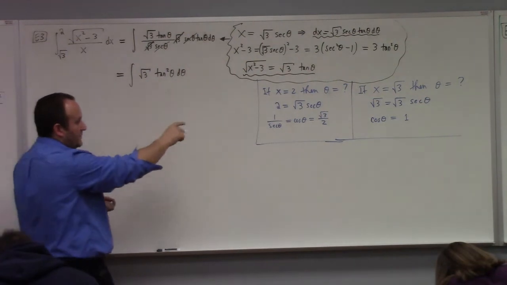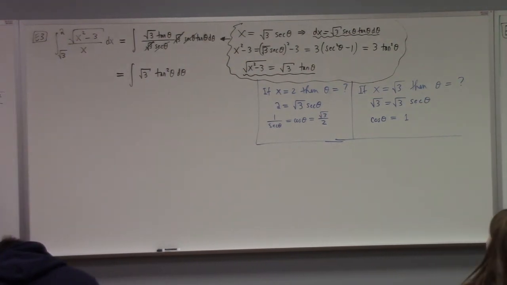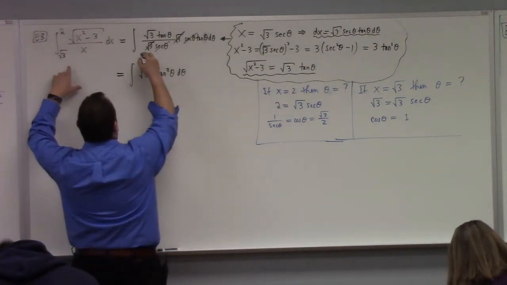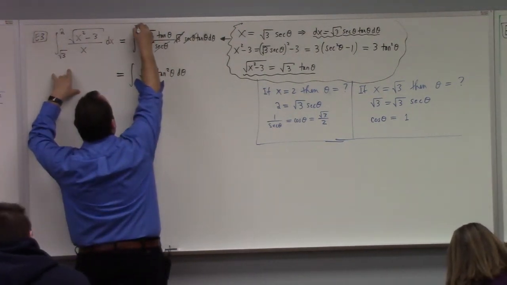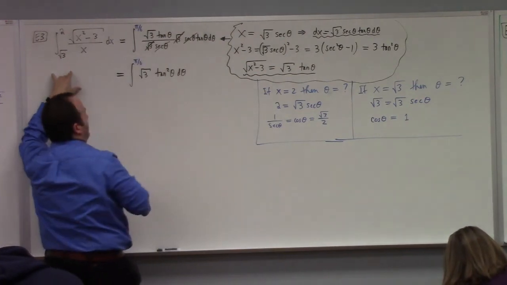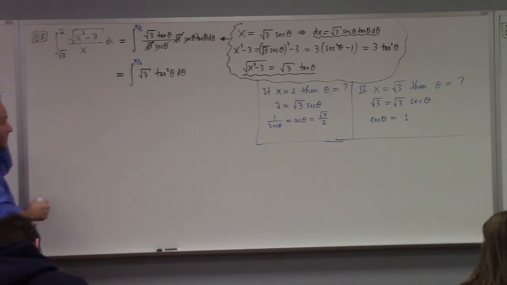When is cosine root 3 over 2? Pi over 6, right? So that makes the upper bound become pi over 6. And the lower bound, when is cosine of theta 1? 0, right?